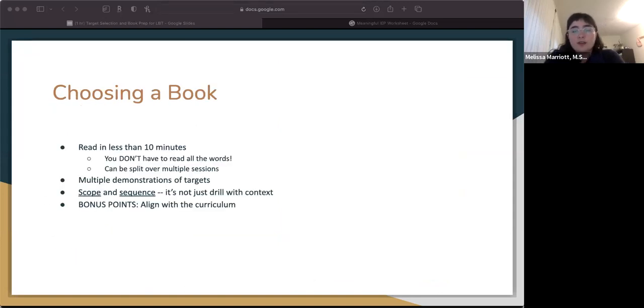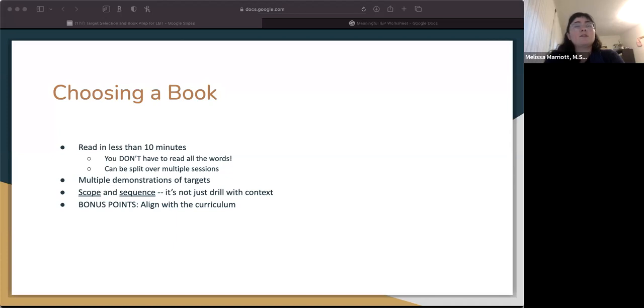So in terms of choosing a book, there are lots of books in the world, and many of them are excellent. There are just some basic guidelines that I use when I am thinking about choosing a book. I want it to be something I said read in less than 10 minutes.